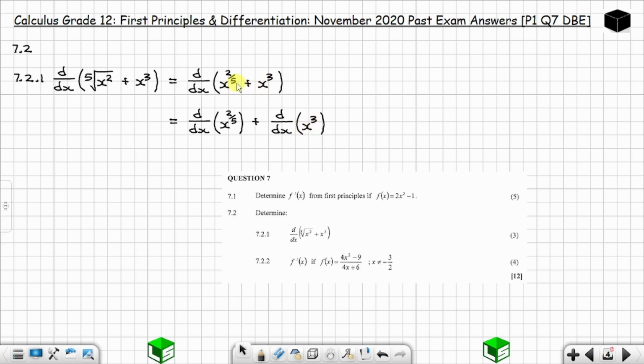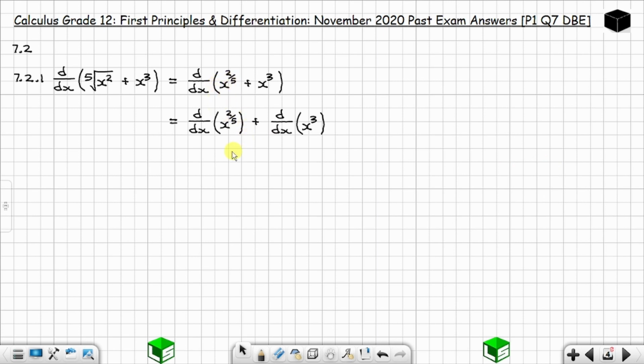So when we have two parts added like this, when you have addition or subtraction, you can take the derivative of the first part plus or minus the derivative of the second part. It can be 3 parts or 4 parts or 5 parts, as long as you have them in the bracket like this and you have this derivative sign in front of the bracket. You have to take the derivative of every part inside the bracket if you have addition or subtraction. This is according to the rules of differentiation. Okay, I can close this so that we can have enough space to solve this.